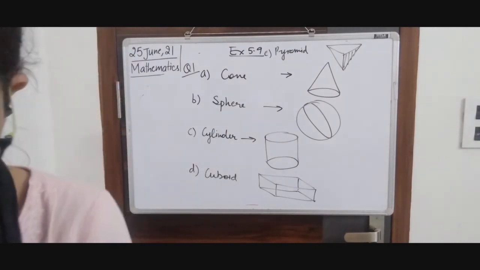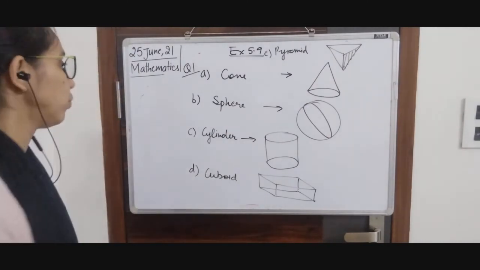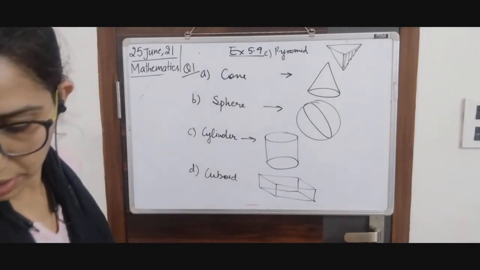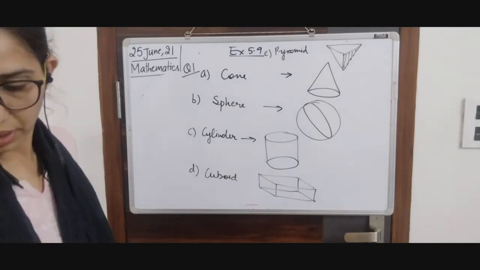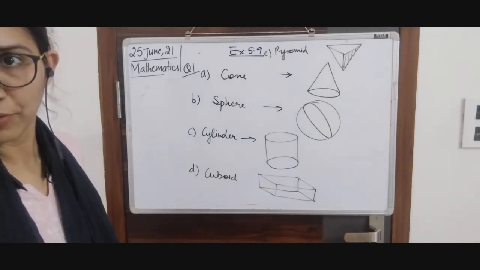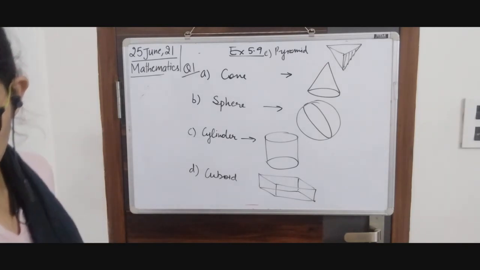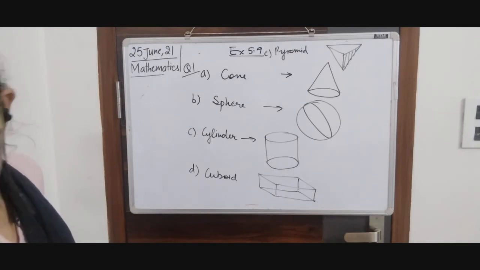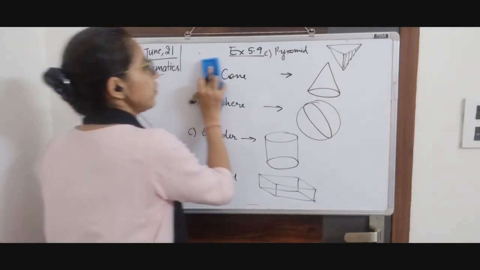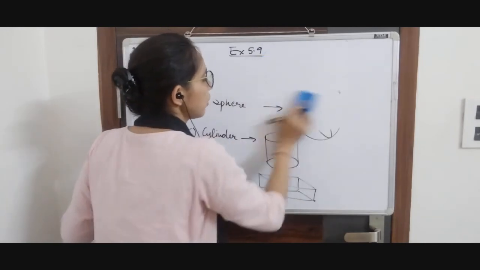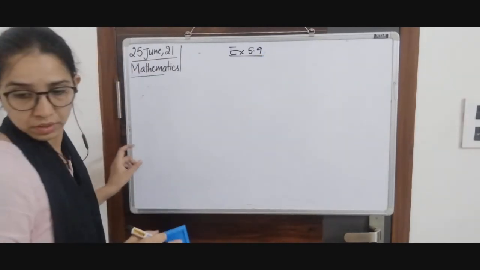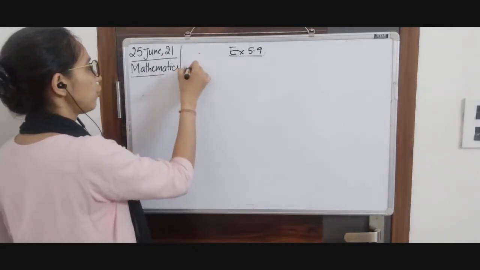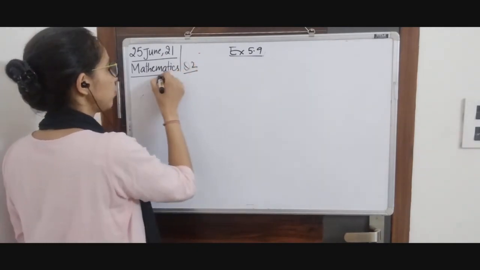Then what is question number 2? We have to tell the shapes of given things, like the instrument box, etc. So we are going to draw and check what these are.